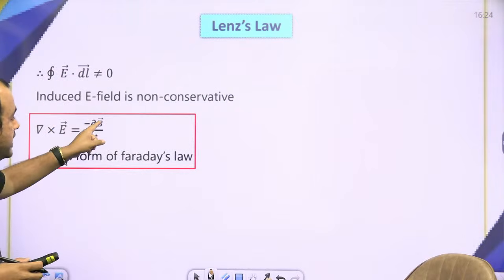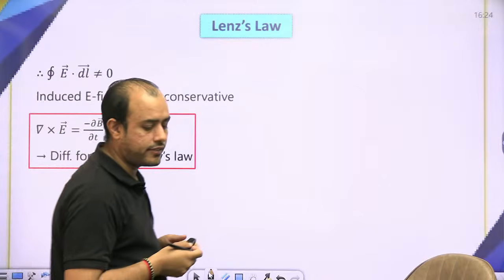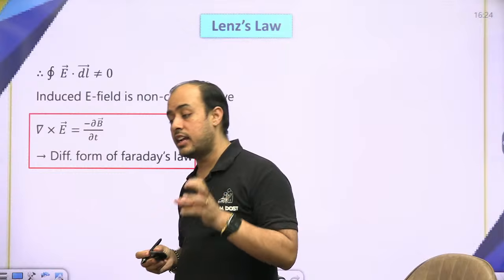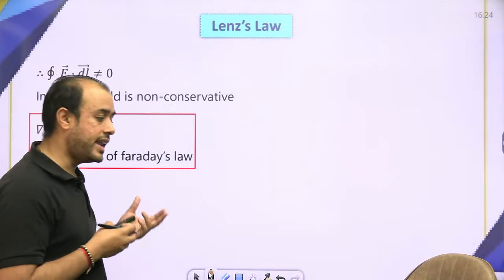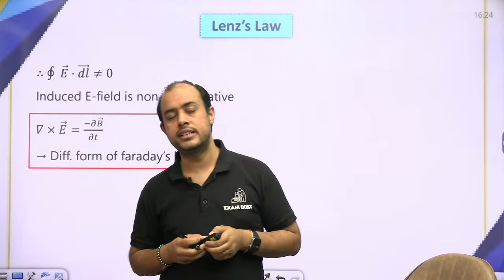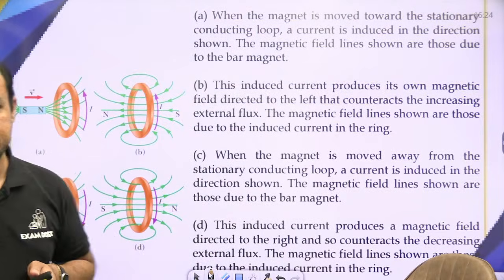If magnetic field changes with time, curl of E will be non-zero, electric field will be non-conservative. Which means beta, electric field produced by charges is conservative, but electric field produced because of time varying magnetic field is non-conservative. Okay.